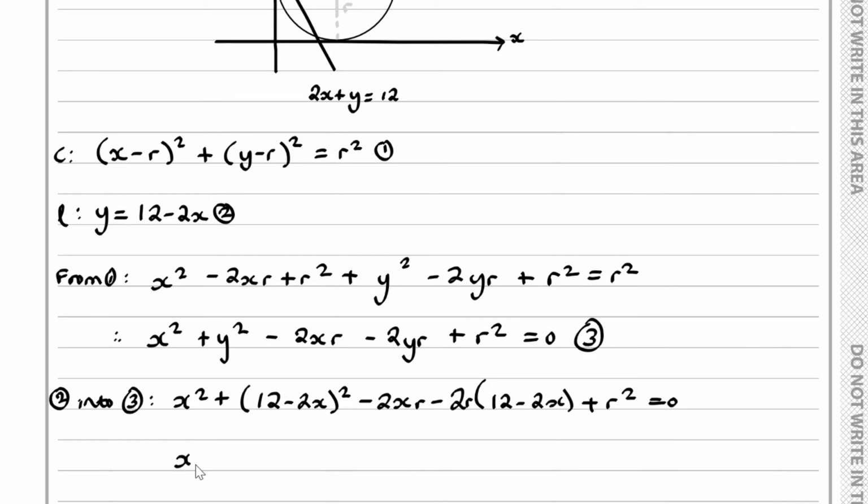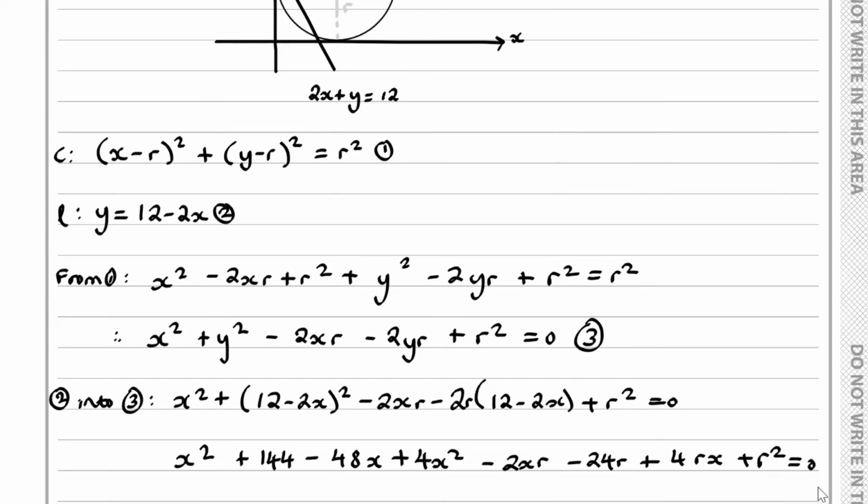So I've got x squared plus 144 minus 48x plus 4x squared minus 2xr minus 24r plus 4rx plus r squared equals 0.